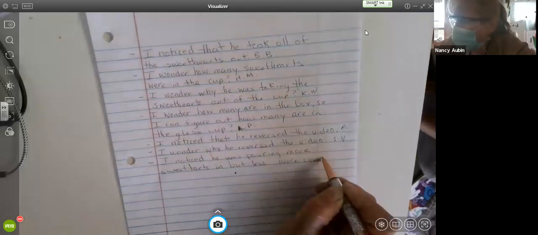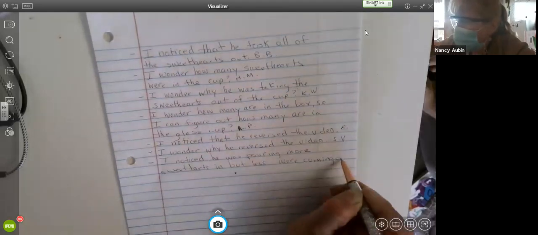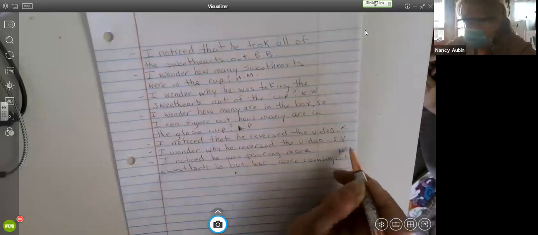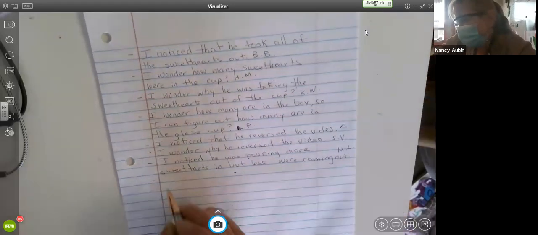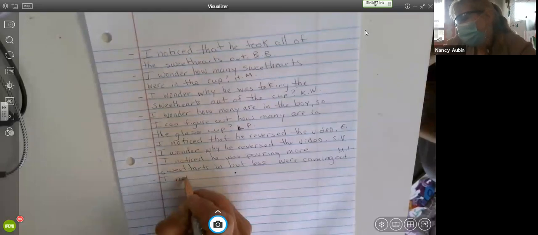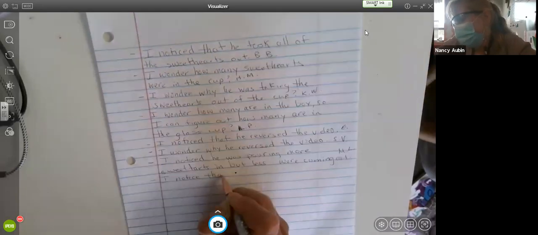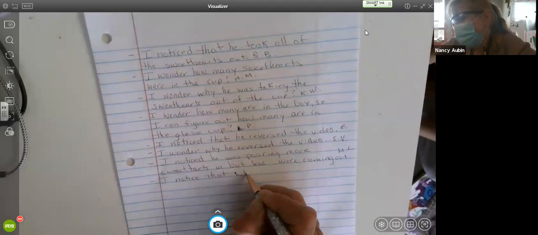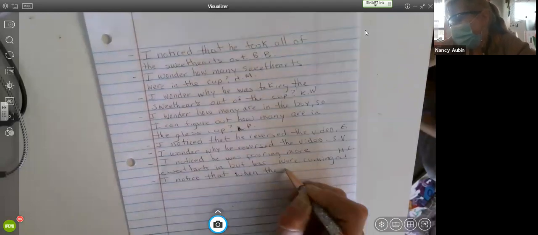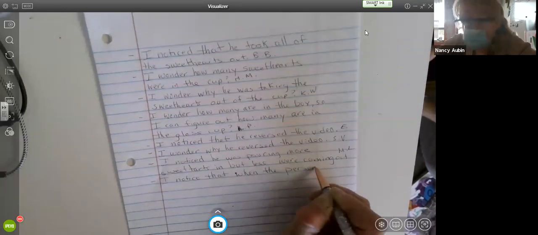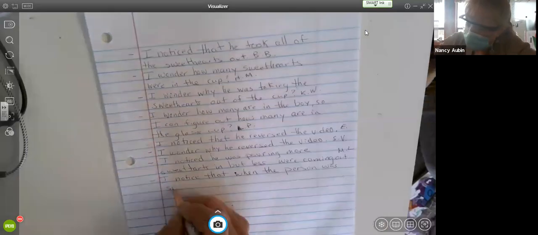Okay, Lila. I noticed that when the person was supposed to put sweethearts into the cup, it looked like they were draining out of it. And Abby?